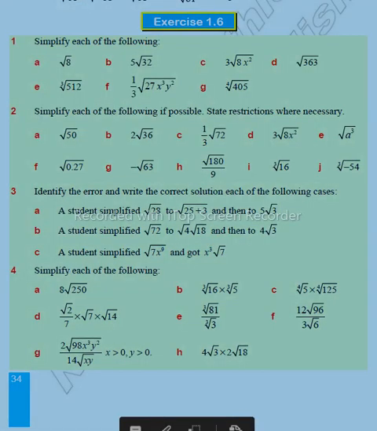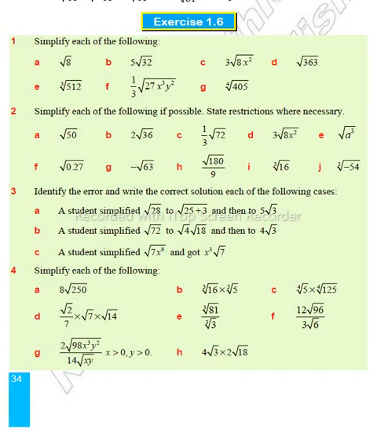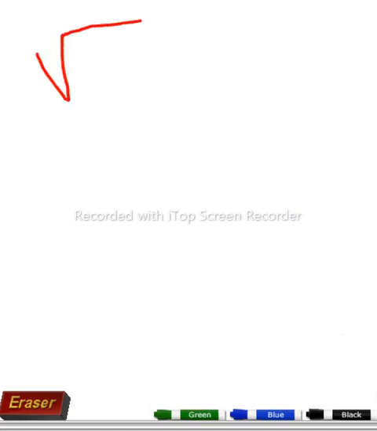Letter C says the square root of 7x to the power of 9. So we can write this equation like this. First, the square root of 7x to the power of 9.